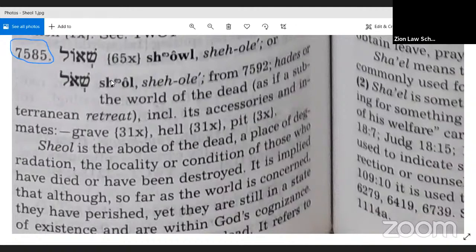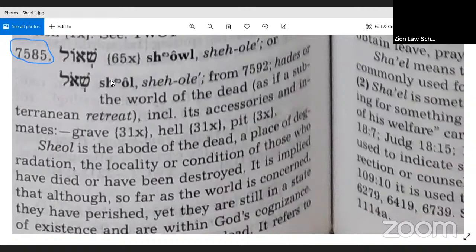If you're in the audience and you have your Strongs, you should pull out your Strongs and follow along, okay? Looking up these other Strong's numbers is really, really important.